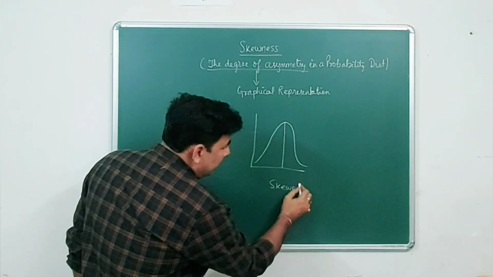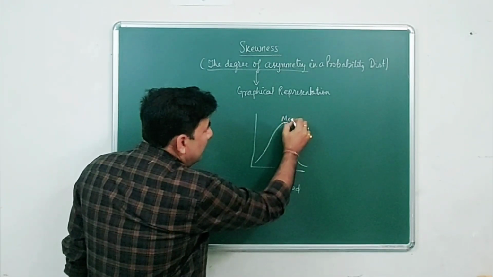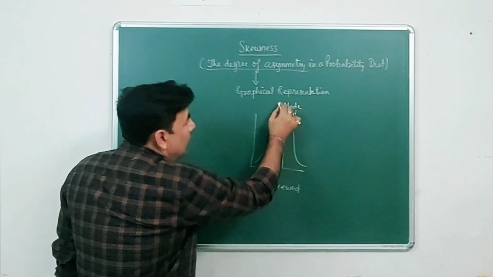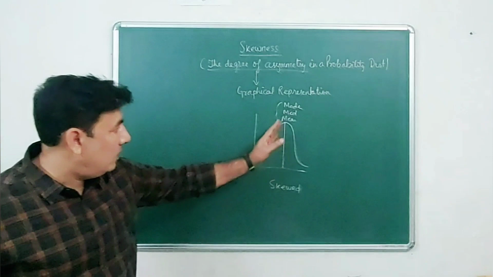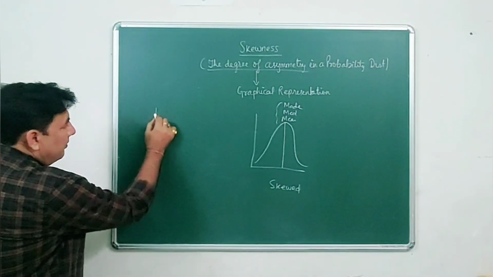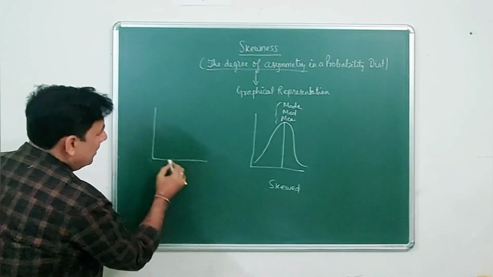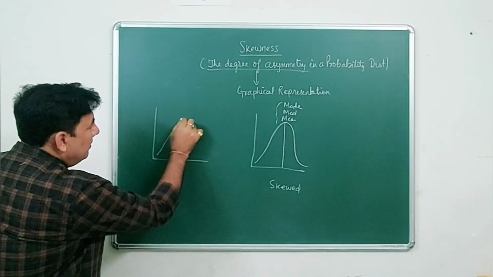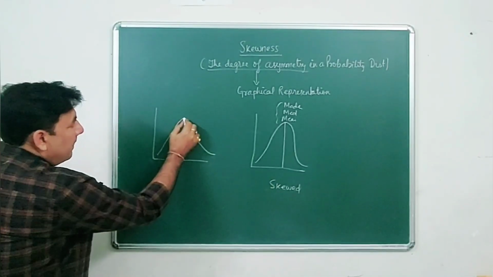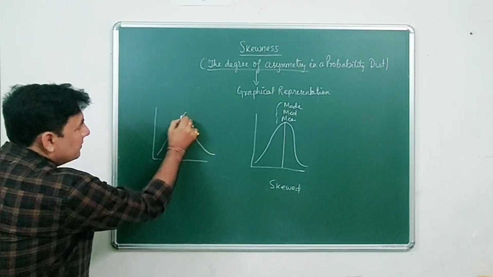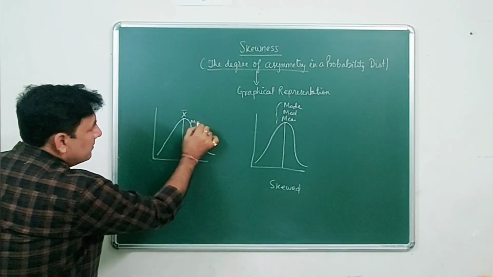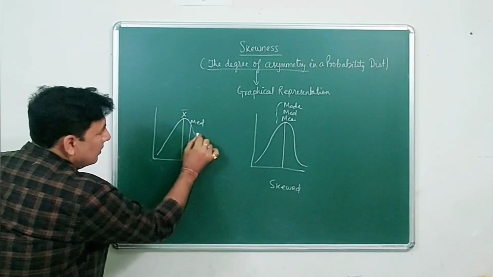It is balanced, where mean, median and mode, all these values are same, okay, so middle point. And when we talk about positively skewed, so the bell should be flatter on the right hand side, and here this is mean, and this is median, and this is mode.